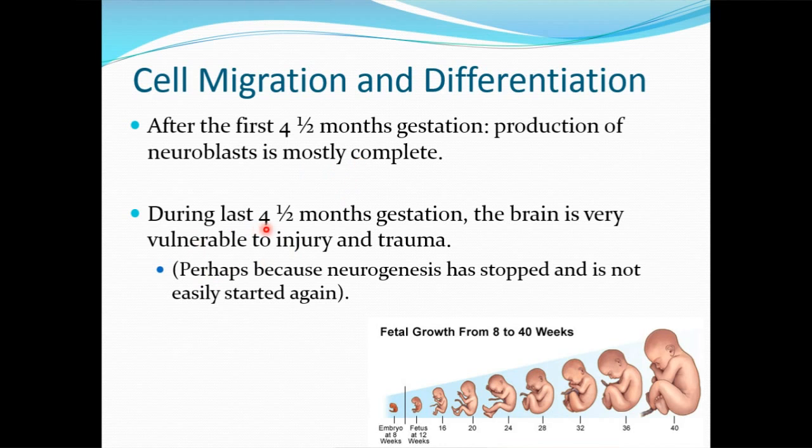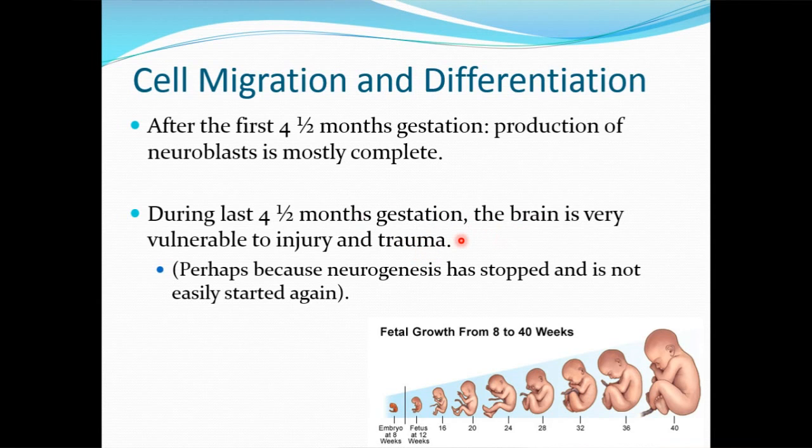Okay. During the last 4.5 months of gestation, so that's during pregnancy, the brain is very vulnerable to injury and trauma. So if you have a child that's being assessed and the injury occurred while the mom was pregnant and was in the last 4.5 months of that pregnancy, you know that it is very likely that brain was very vulnerable at that time.